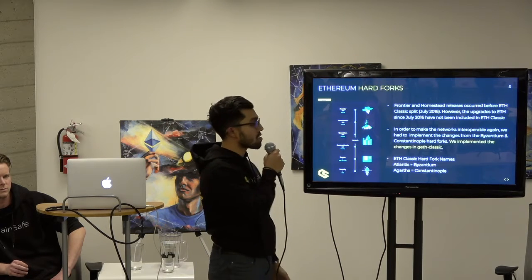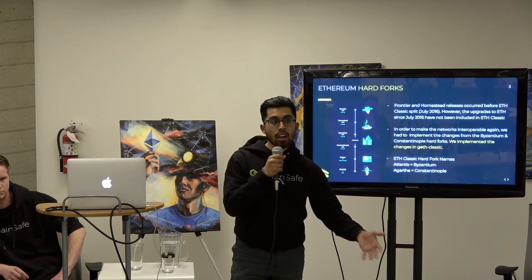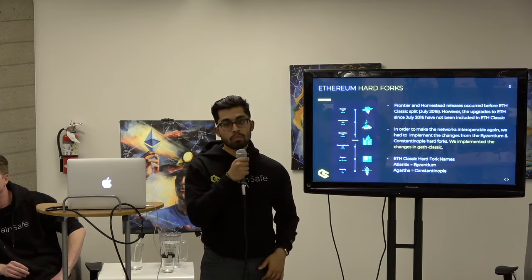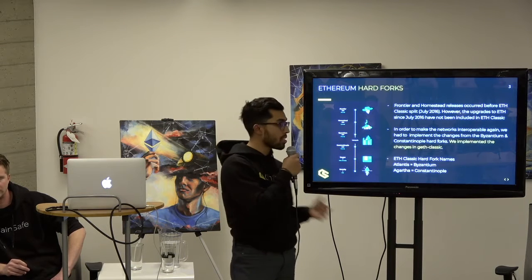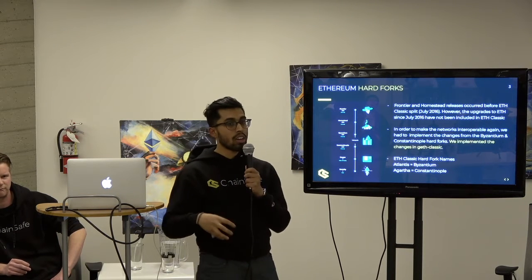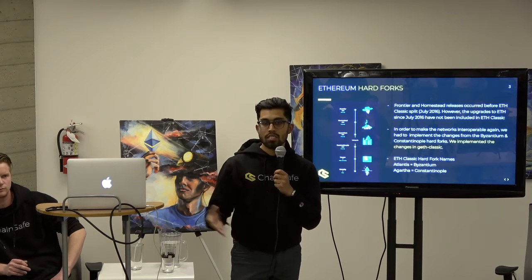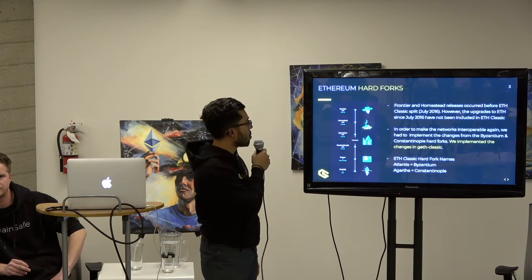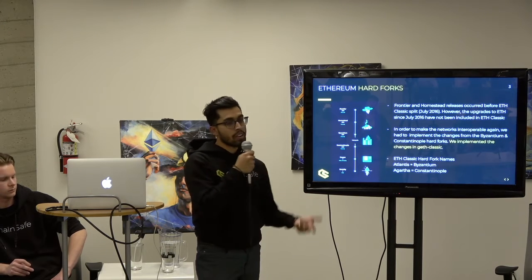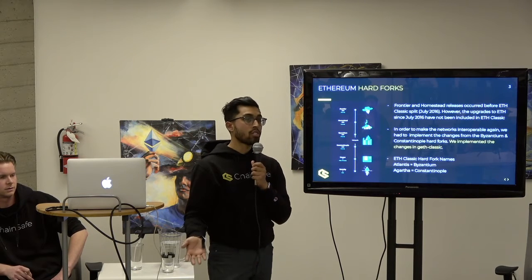Since that split, the Ethereum codebase has obviously progressed a lot. A lot of EIPs, Ethereum improvement proposals, have been implemented, and those changes were not necessarily reflected in Ethereum Classic because it's its own network now with its own clients. And so it's very important now, at least from Ethereum Classic's perspective, to make these networks more interoperable.